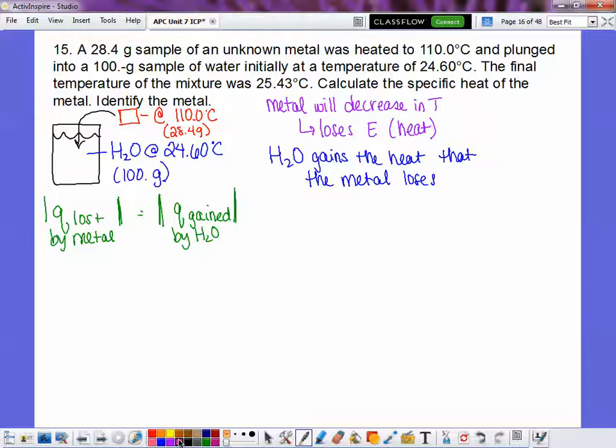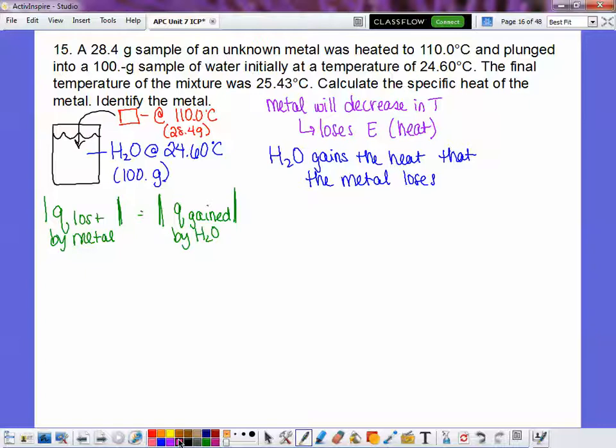So if we had the exact same amount of heat being added to both the metal and the water, which one's going to change? Well, the water will change temperature less than something with a smaller heat capacity, right? So metals typically have a low heat capacity. That's one of the great things about metals, which is why they can conduct heat so easily, which makes them good thermal conductors.